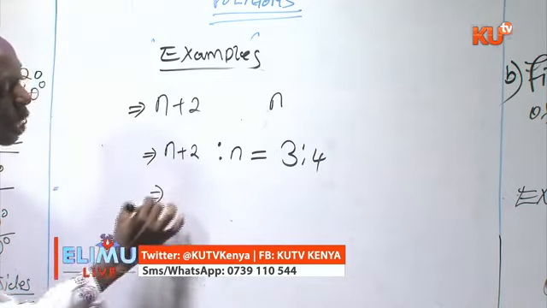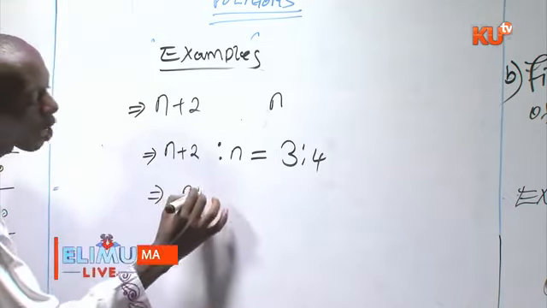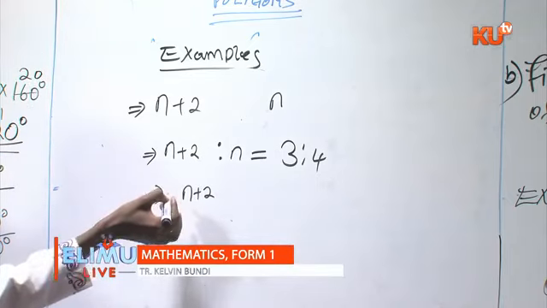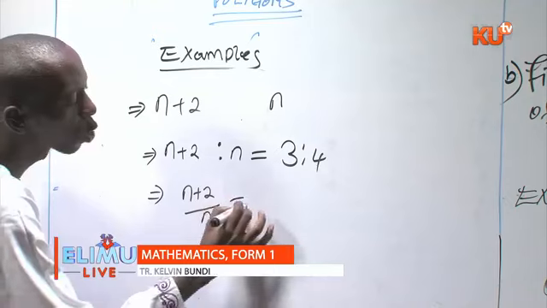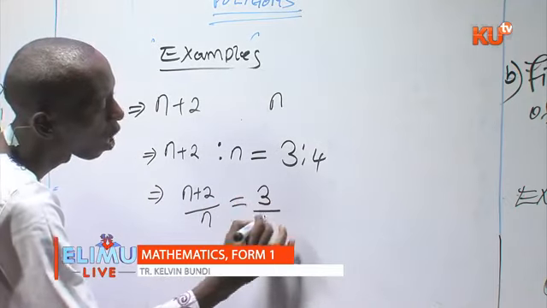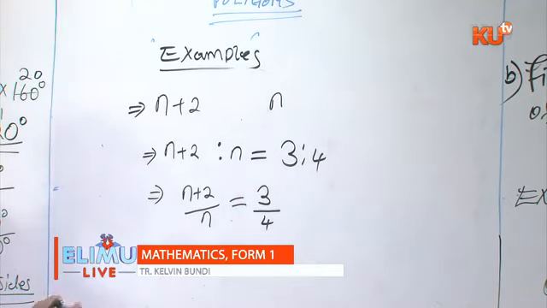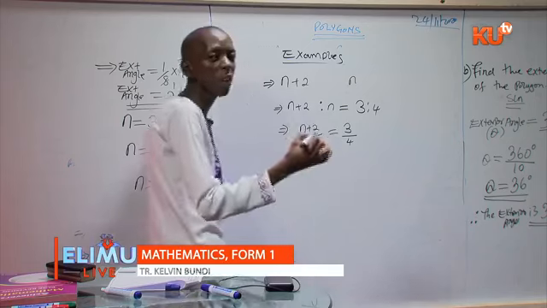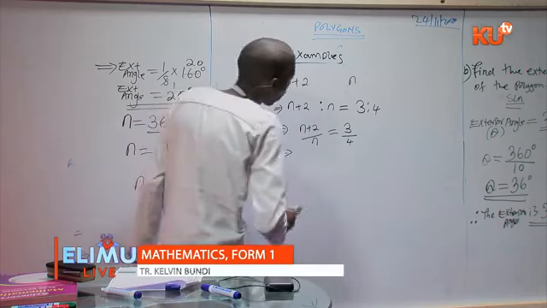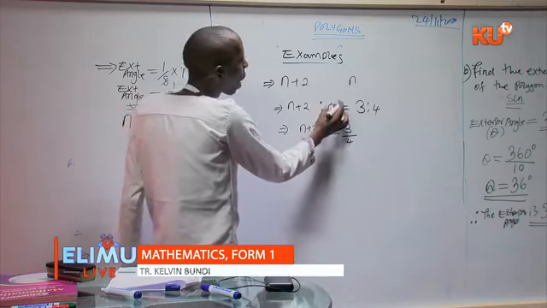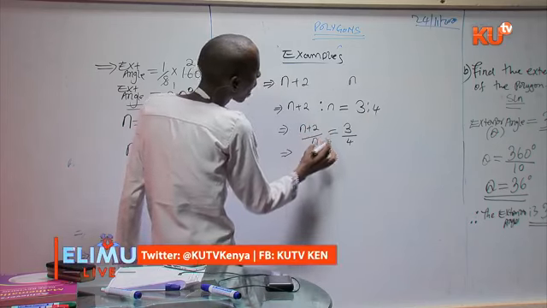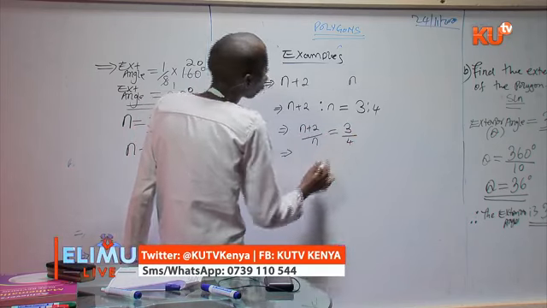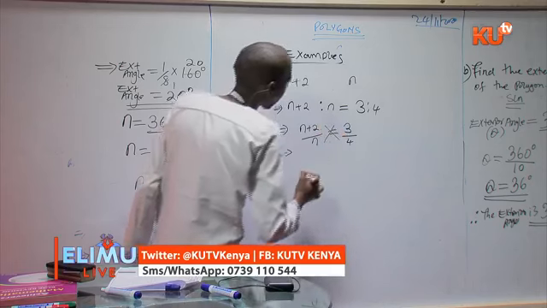We continue. We want to get n. The ratio means you can also divide: n plus 2 over n is equal to 3/4. You want to get the value of n. Cross multiply.